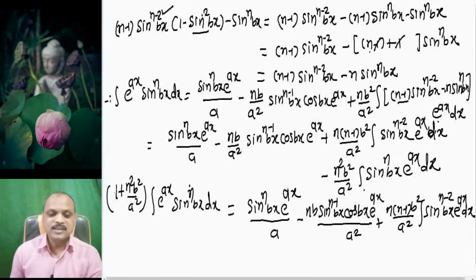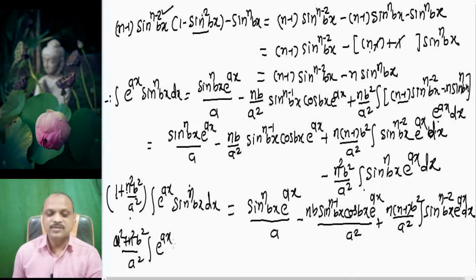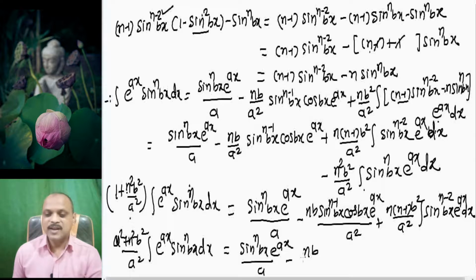If we take the LCM, we have a square plus n square b square divided by a square into integration of e raised to ax sin raised to n bx into dx equal to sin raised to n bx e raised to ax divided by a minus nb.